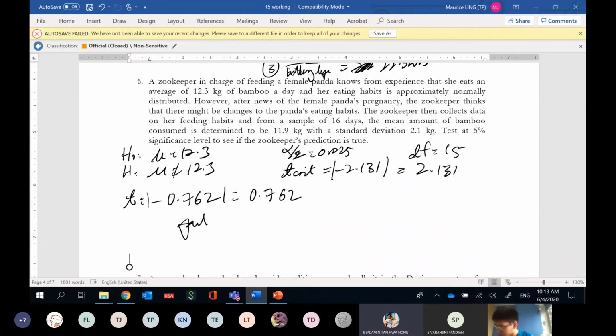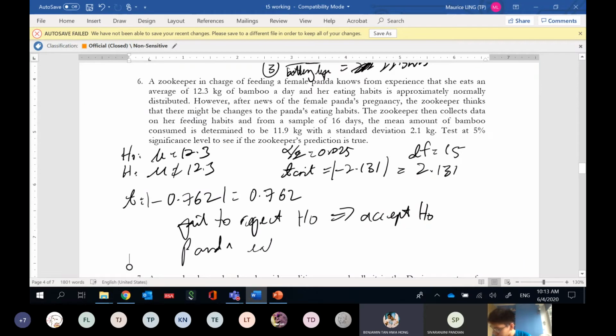So you fail to reject the null hypothesis, therefore you accept it. And what does the null hypothesis mean? The panda eats an average of 12.3 kg of bamboo per day. Yep, all right.